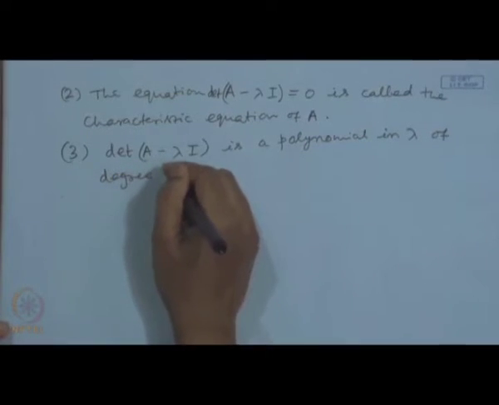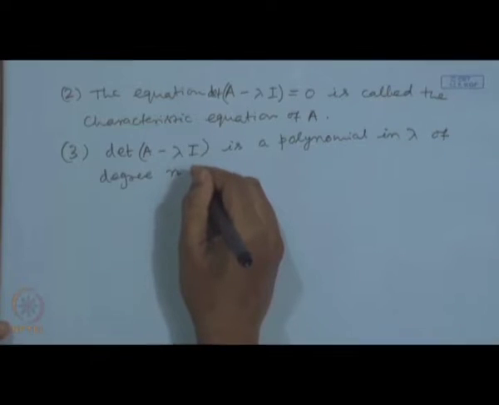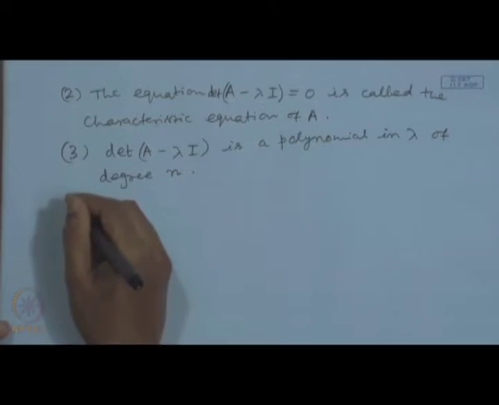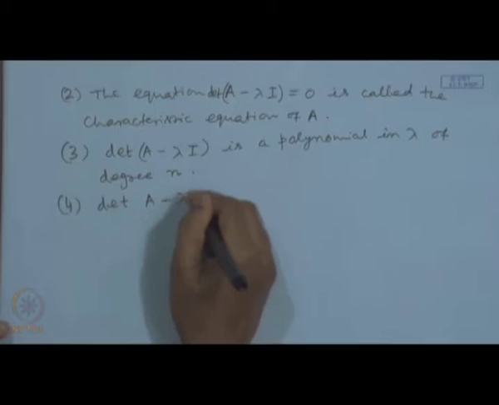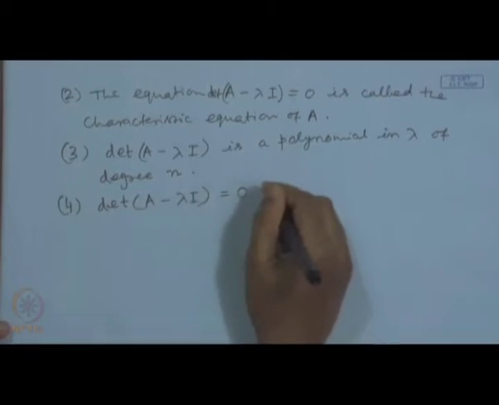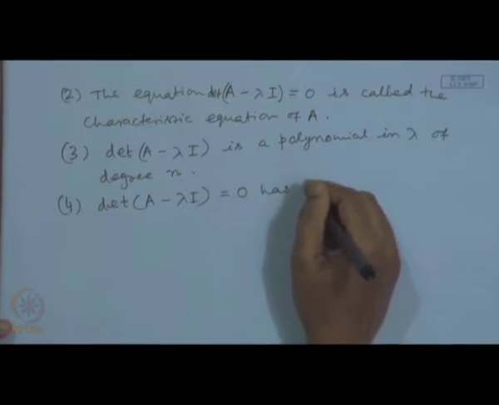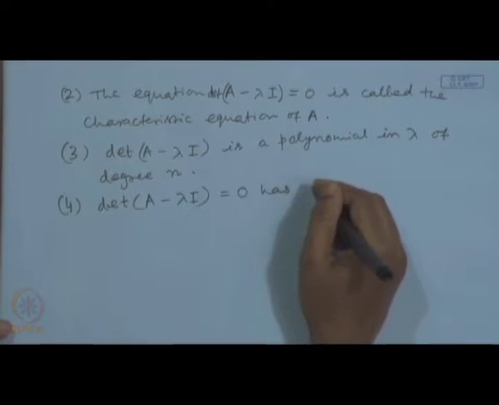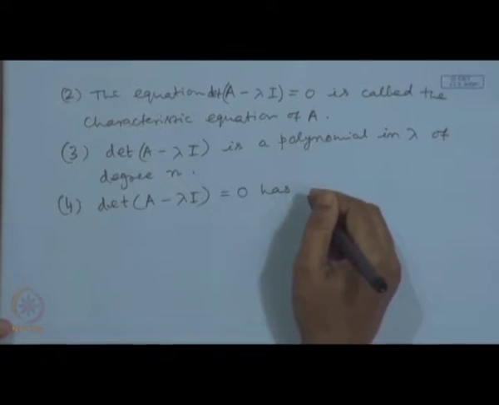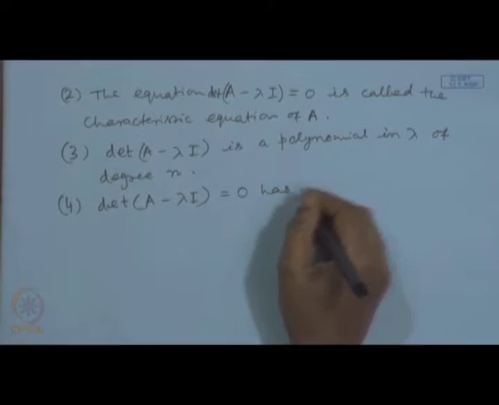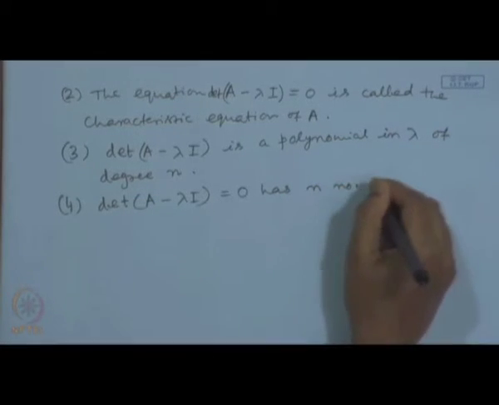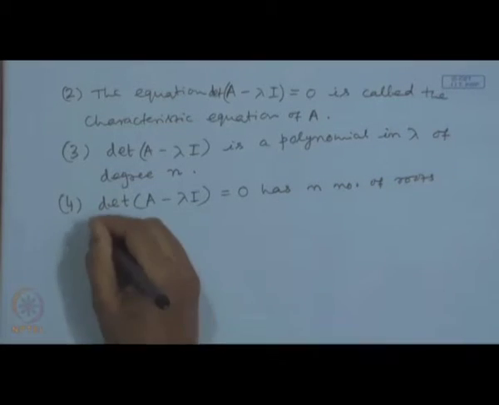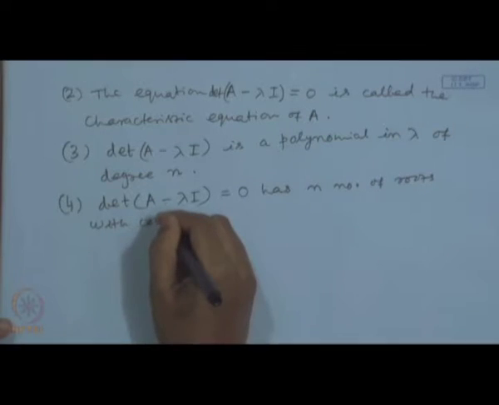This is a degree n polynomial. So, this equation has at most n distinct roots, or with counting multiplicity this has n roots.